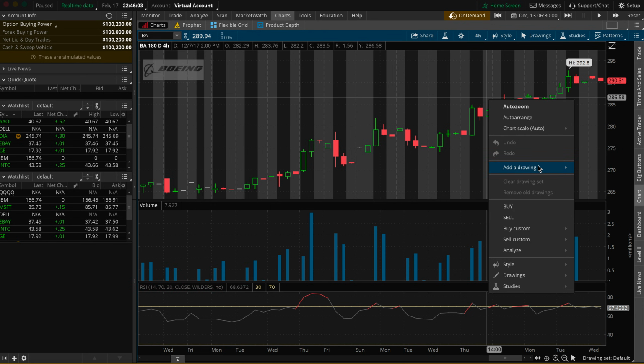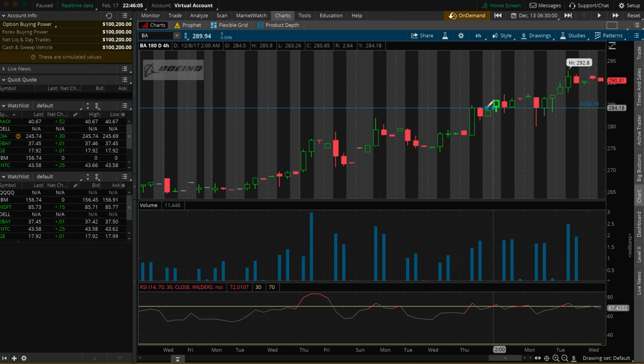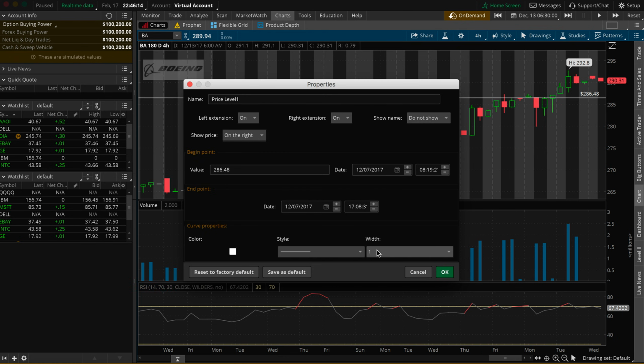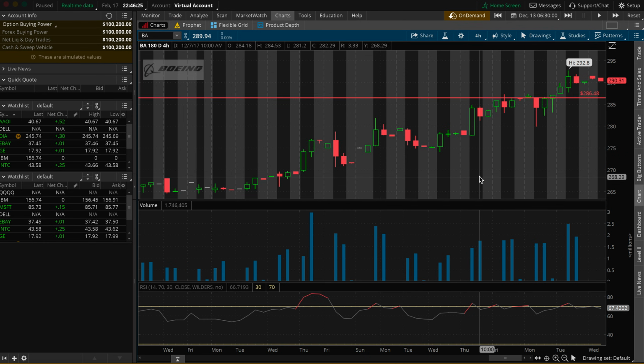So what we're going to do, we're going to add a line there as support. And what I like to do is get my support very obvious. So that's my support line. My support line is 286.48. Right now we're at 290.